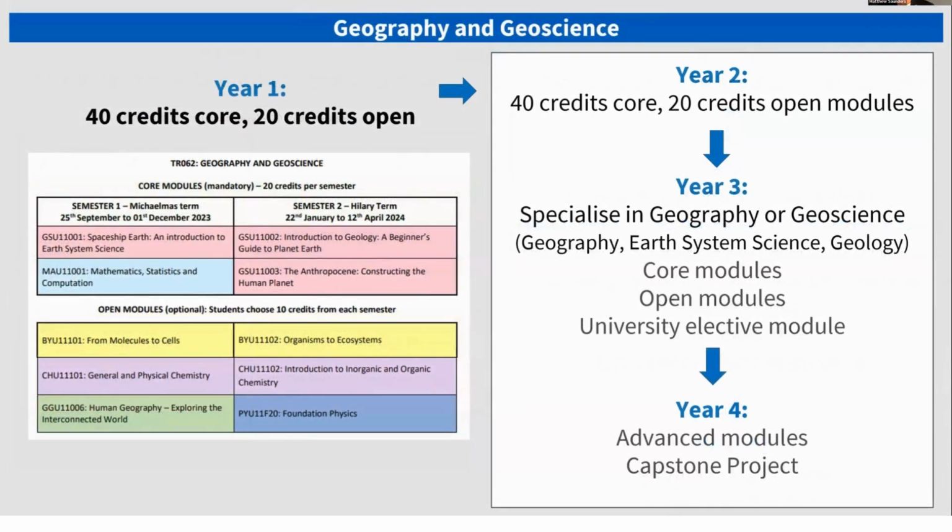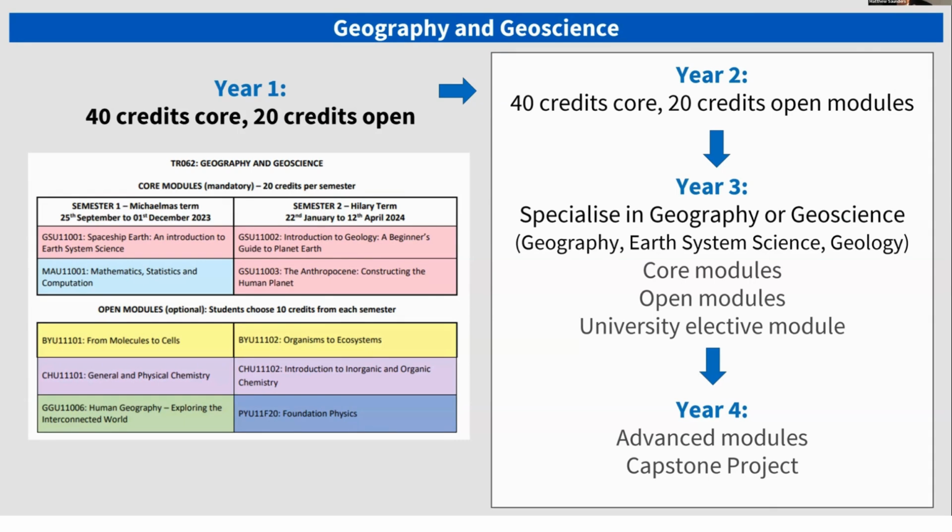With the geography and geoscience program, again, very similar structure in terms of having the foundational content in years 1 and 2, with options to study other topics that are related and of interest. And then in year 3, the students specialize in geography or geoscience, and there are now 3 streams to this particular program. So you can specialize in geography, earth system science and geology.